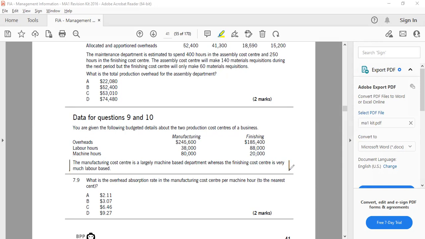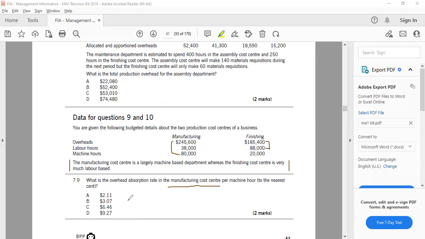When it says the manufacturing cost center is largely machine based, you have to divide this OAR from this, and the finishing cost center is labor based, so you have to divide this. So, what is the overhead absorption rate in the manufacturing cost center? Let's see if you are able to get the right answer.